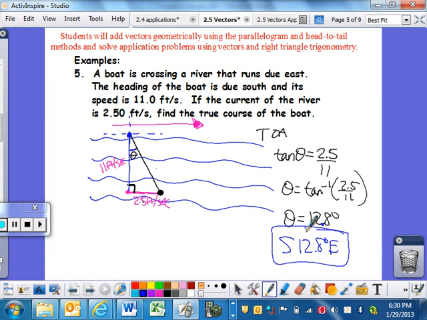Okay? To actually figure out how fast the boat ended up going, you could just find this side. Now that's not necessarily written in here, but if I did want the speed, you could just simply do the Pythagorean theorem. So if I did 2.5 squared plus 11 squared equals c squared, and you add these two together and then take the square root, c is going to be 11.3 feet per second.